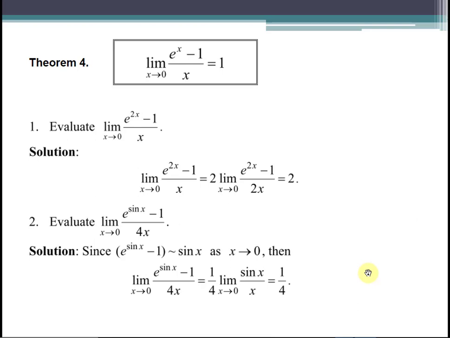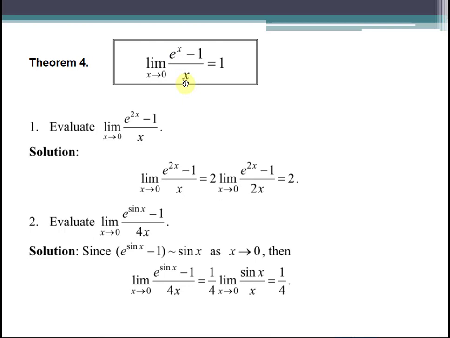Theorem number 4, the next one. This is also a corollary from the second fundamental limit. Now, as x tends to 0, e to the power of x minus 1 over x is equal to 1. Let's do the first example. Evaluate the limit. Here we have 2x, e to the power of 2x. But in this case, we have just x, and here it should be x.